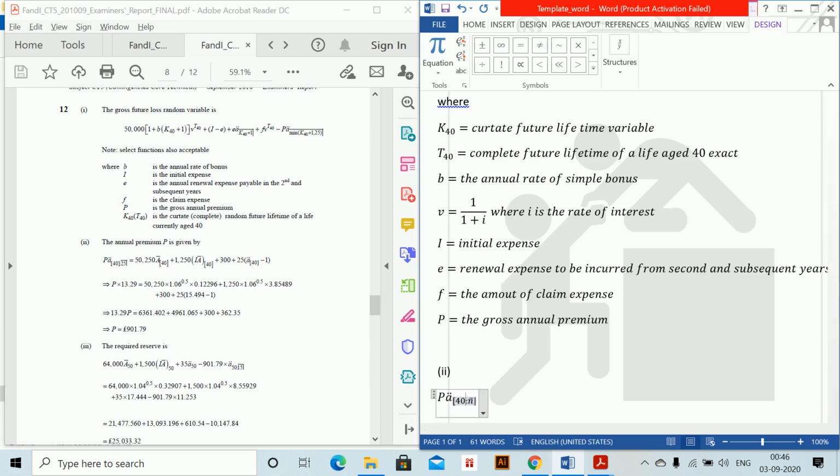So P ä_{40:25} is equal to 50,250 Ā_40 with select, obviously, plus 1,250 (IĀ)_40, plus 300 plus 25 (ä_40 minus 1).